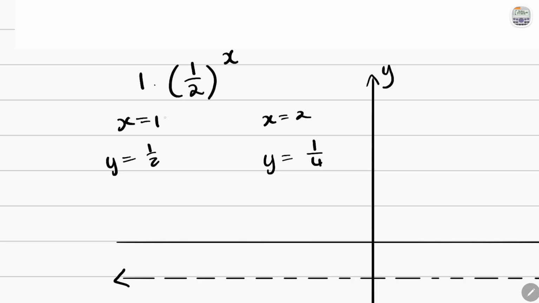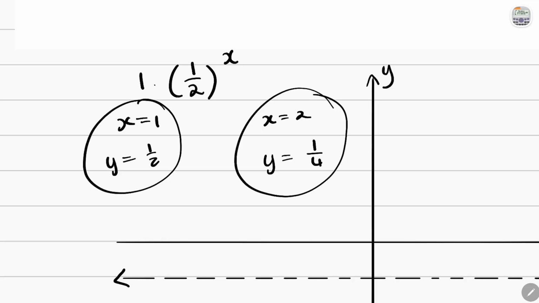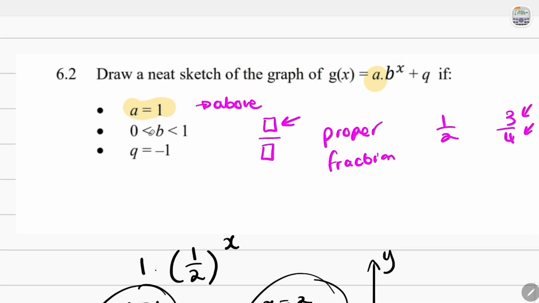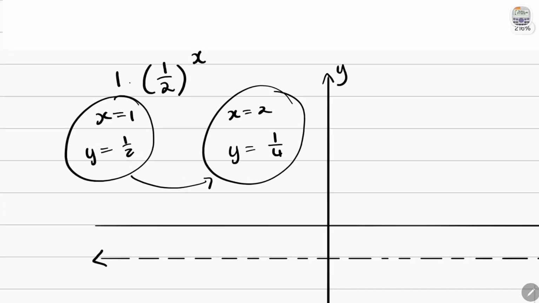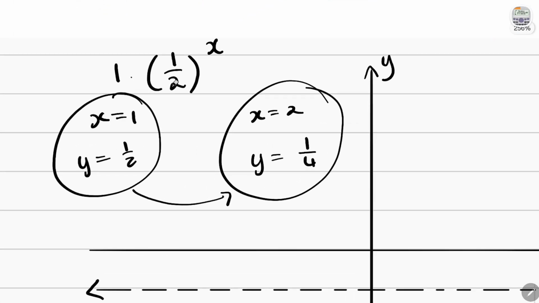What did your graph do? From this point to this point, did it increase or decrease? It would have decreased because we know that a quarter is less than a half. So that's what happens when that value of b is greater than 0 but less than 1. When it's a proper fraction, what happens is the denominator grows bigger than the numerator, or grows faster than the numerator.